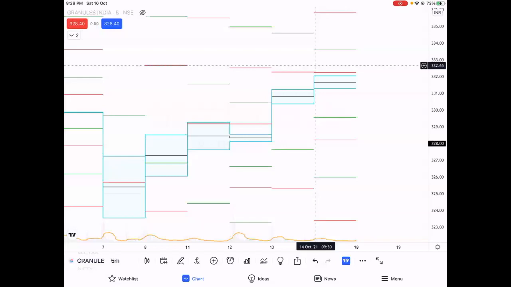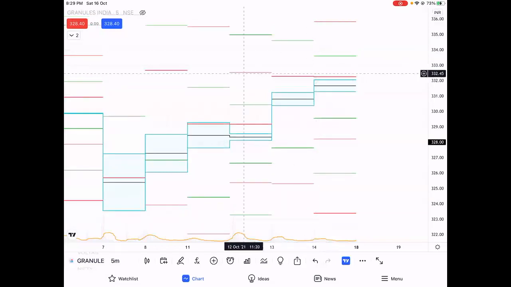Technically, this shows you that this level now, that is 330 332, is somewhere like a hot zone. So above this the momentum should be more bullish, and below this there can be some good dip or even stop loss hunting in the market, correct?